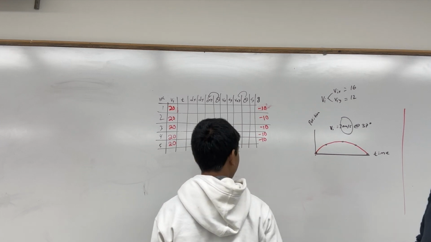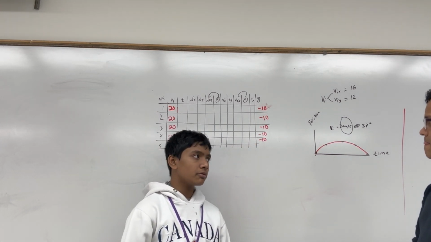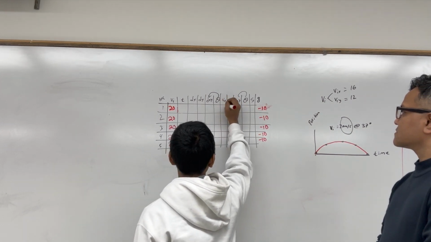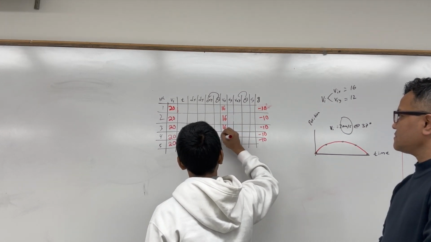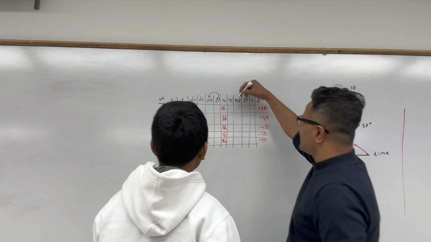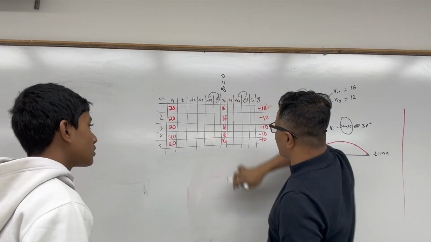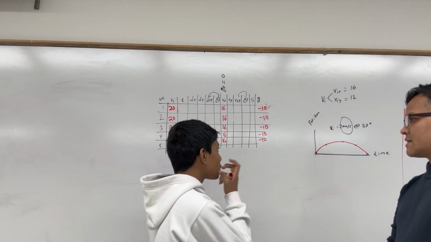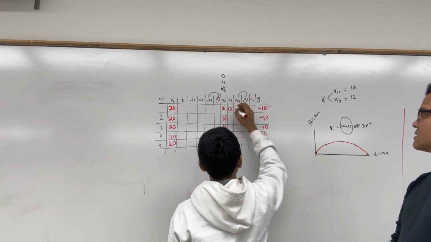Well, Vx never changes since there's no force in the horizontal direction, meaning there's no acceleration, which means we can just write down Vx or V initial x 5 times and call it a day. Can we give a reasoning that acceleration due to gravity in the x direction is 0? That's why it remains constant. Well, there is no force in the x direction. There is only a force in the y direction, which causes this to change. But we can still fill this out as 12.